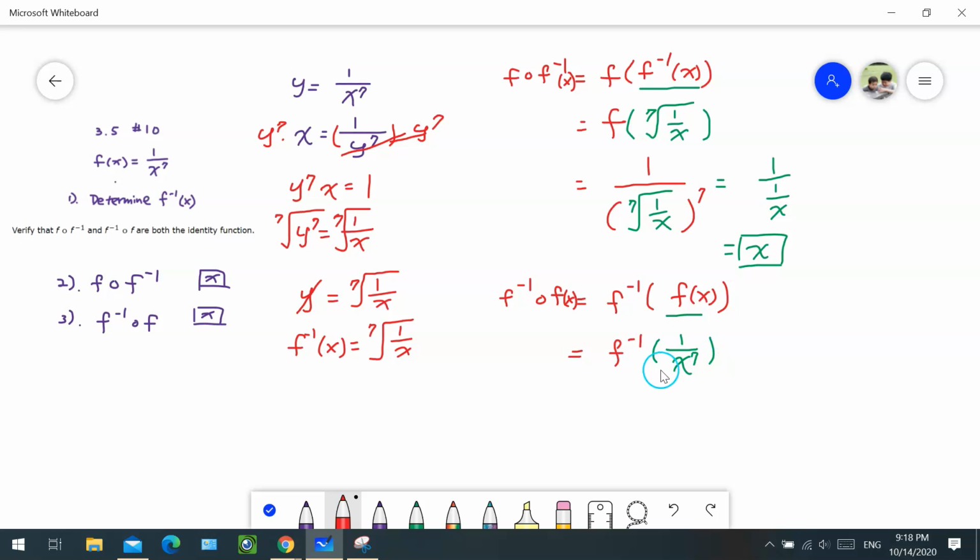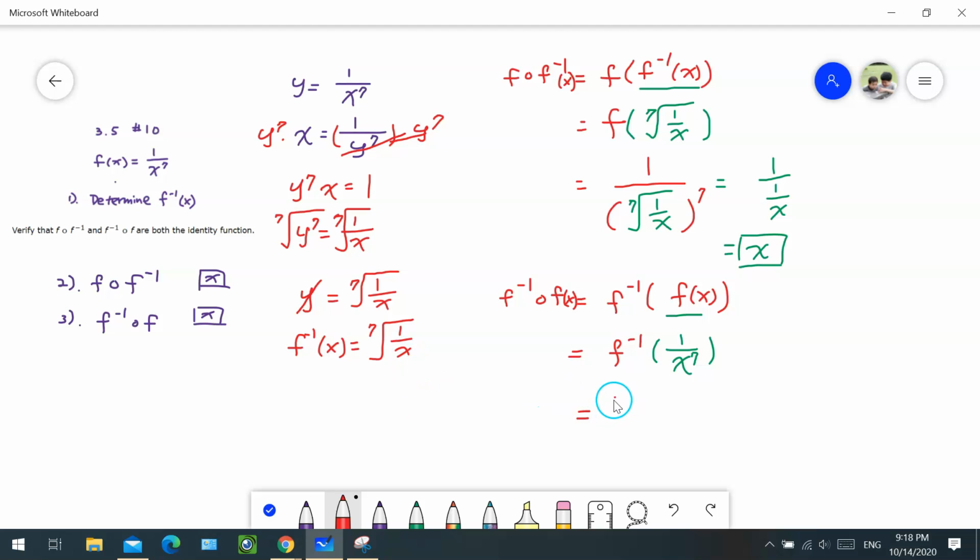Now this notation indicates we need to go with the f inverse function, and the x has changed into 1 over x power 7. So I'm going to call the f inverse function. F inverse function here is the 7th root of 1 over x.